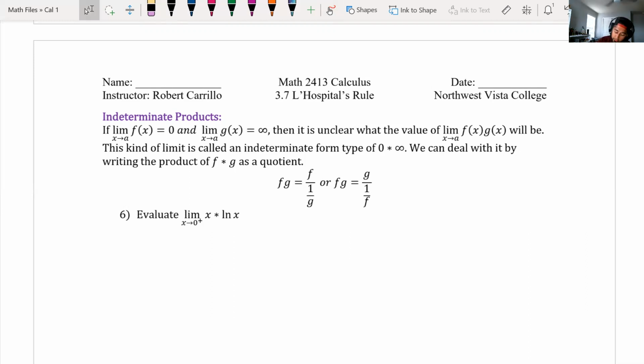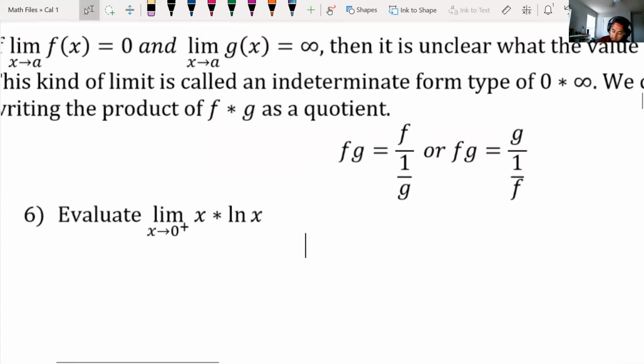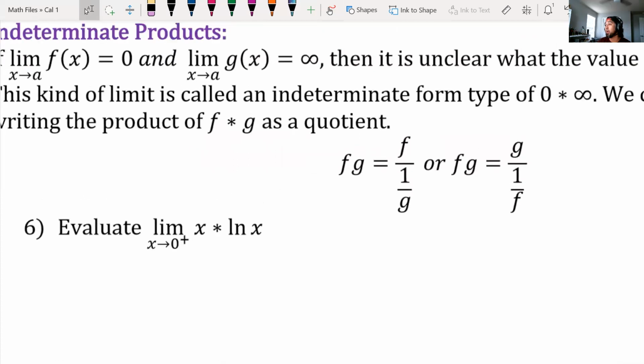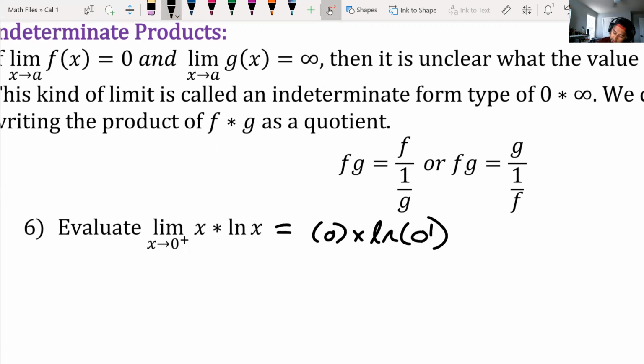So for this next problem, we have the limit as x approaches 0 from the right of x times the natural log of x. Of course, let's go ahead and plug in 0 just to see what happens first, like always. So you'd get 0 from the right times the natural log of 0 from the right.